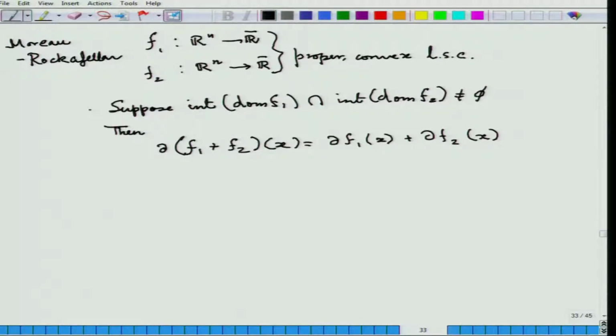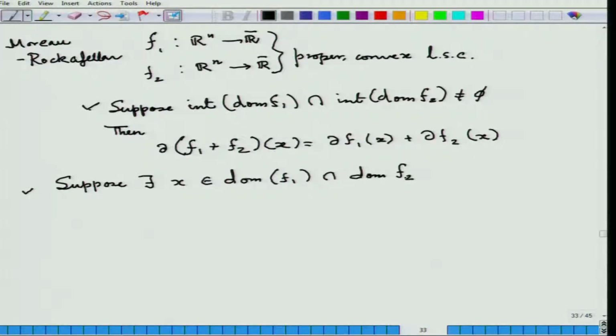Another is that you can do it like this. Now, I am giving you another condition under which this is true. Suppose there exists x in dom of F1 intersection dom of F2, where F1 or F2, it does not matter, is continuous.